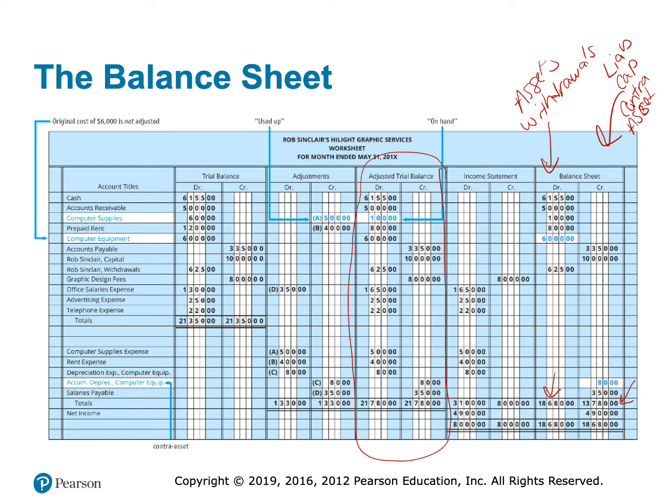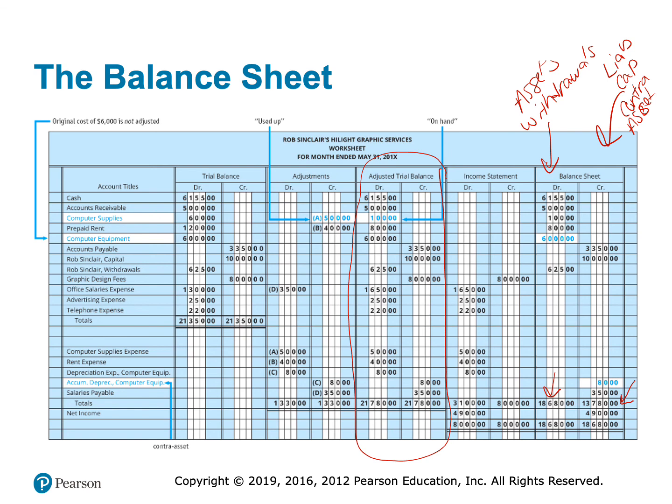Well, goodness, that can't be right. The balance sheet has to balance, right? But the thing that we haven't taken into consideration yet is that net income, which is going to need to be added to the balance sheet through that retained earnings account, through that capital account, right? Now, we skipped the statement of stockholders' equity when we do the worksheet. We're going to do the statement of stockholders' equity, and we'll see that in the next video.